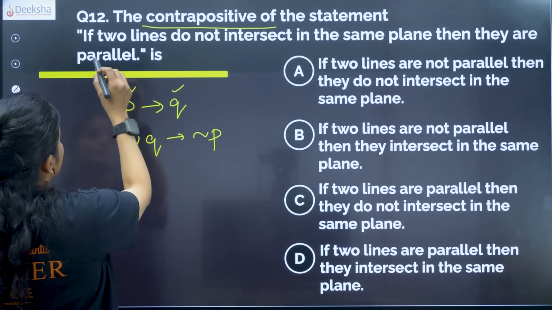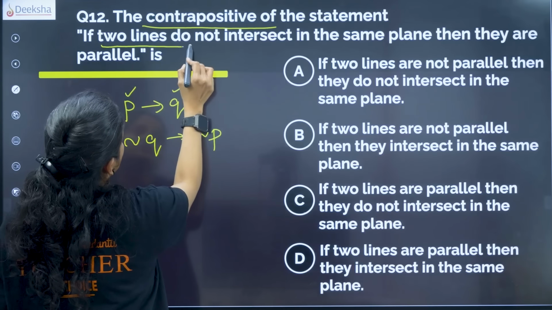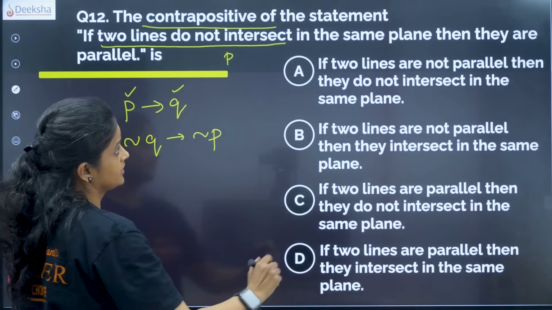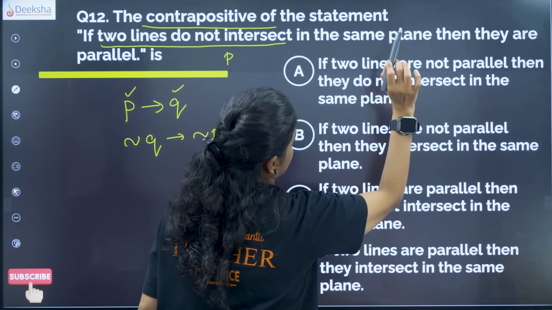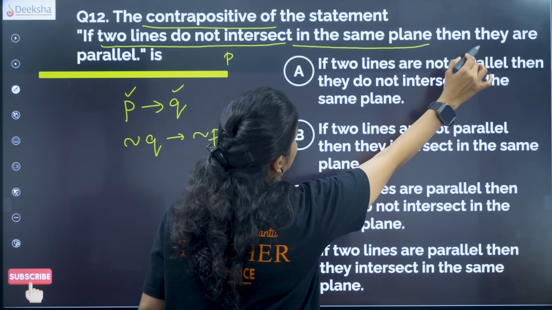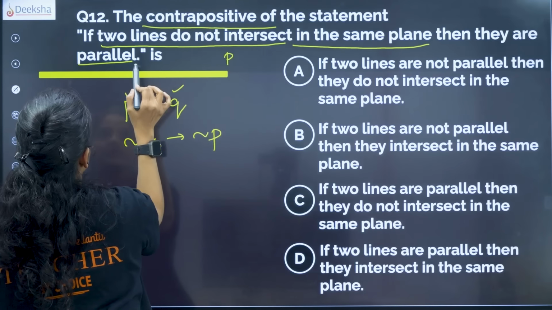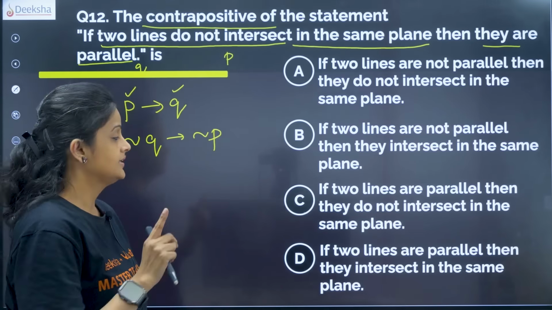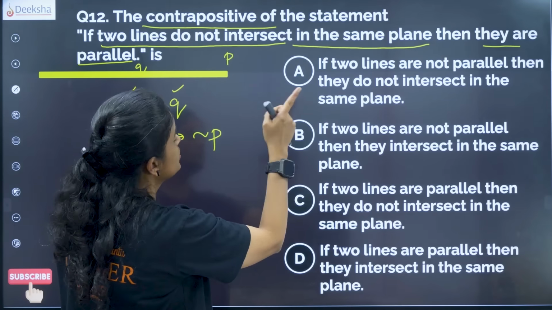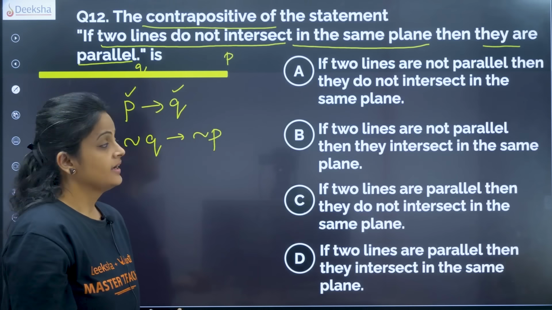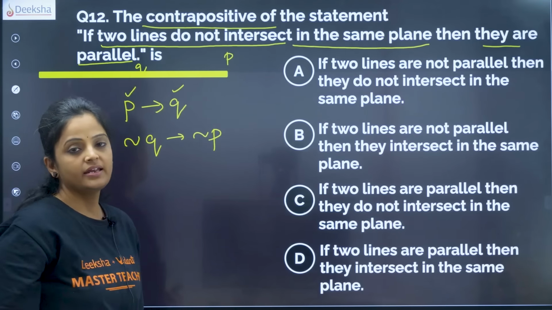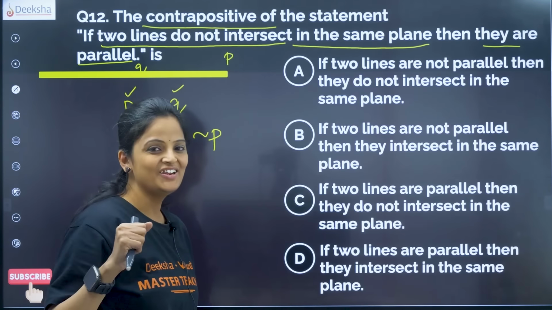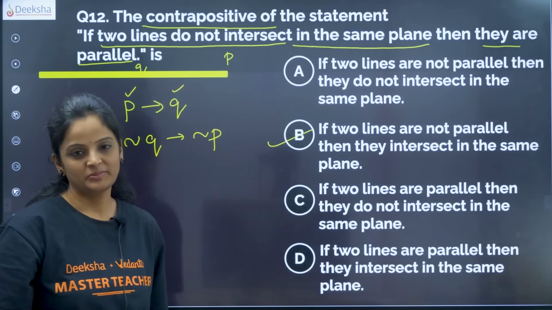Check what is P. Two lines do not intersect is P, the first statement, in the same plane. They are parallel is our second statement. So now I have to invert that. Negation Q means two lines are not parallel, and negation P means they intersect in the same plane. Check where we have. Again we are getting option B.